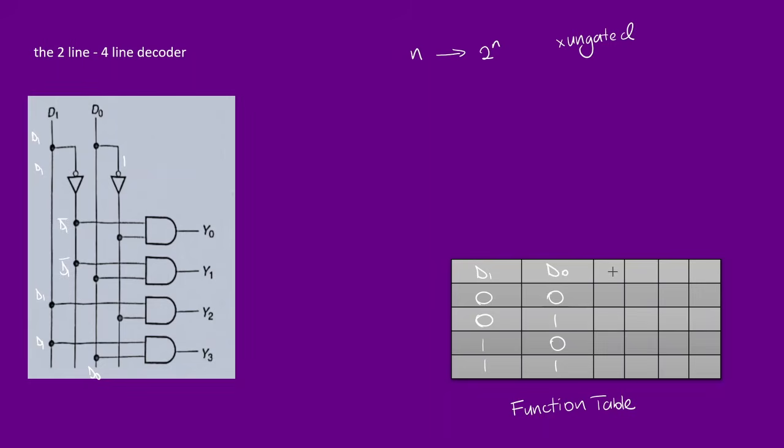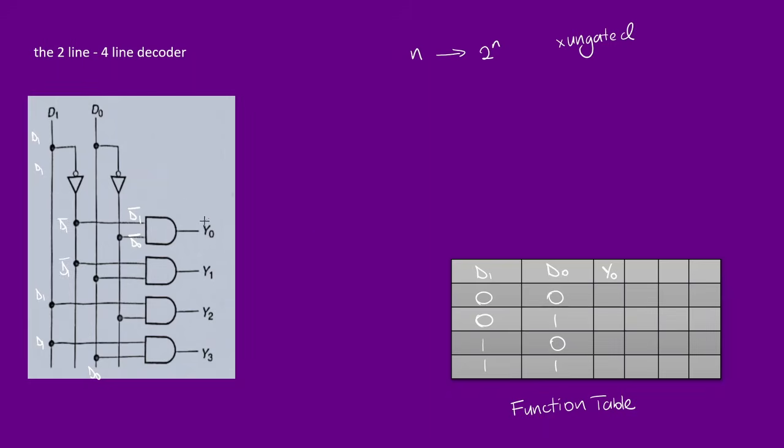Okay, so if we were to fill this normally, let's try and fill y0 first. Y0 is an AND gate, so let's make the inputs explicit: not D0 and not D1.